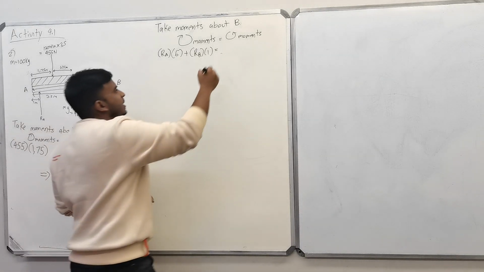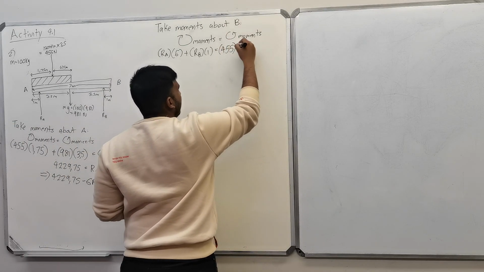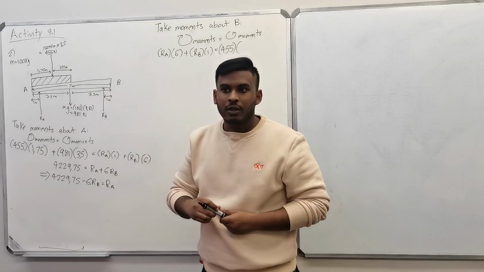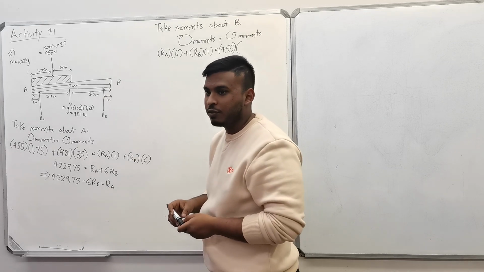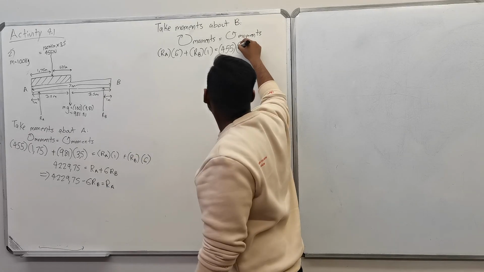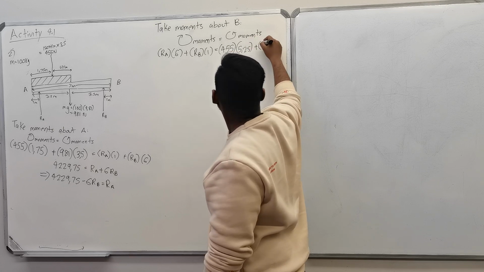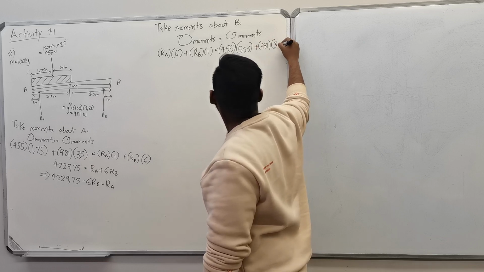So how far away is that uniformly distributed load force from B? 1.75 plus 3.5 is 5.25, plus the gravitational force, which is 981, times the distance, which is 3.5.